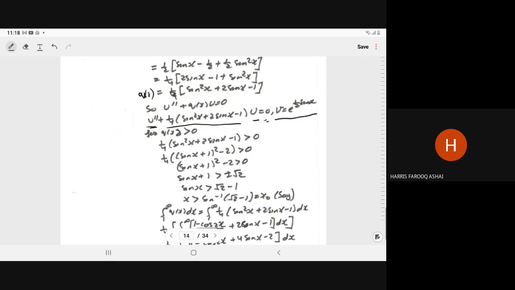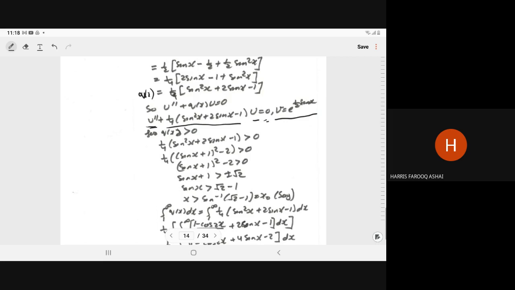So for qx greater than 0, qx is what? 1 by 4 sin square plus 2 sin x minus 1 greater than 0. If you make it a perfect square, 1 by 4 sin x plus 1 whole square minus 2 greater than 0. So this can be written as sin x plus 1 whole square minus 2 greater than 0. You bring this 2 on the right hand side.